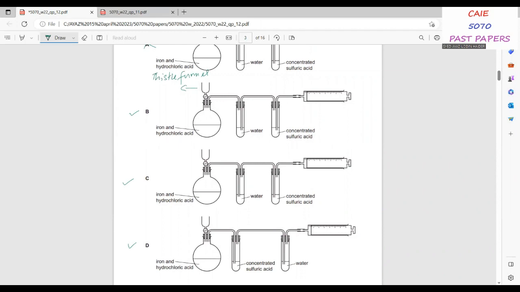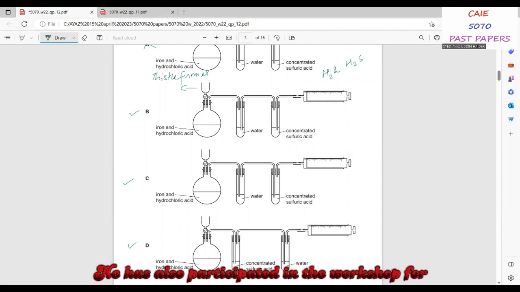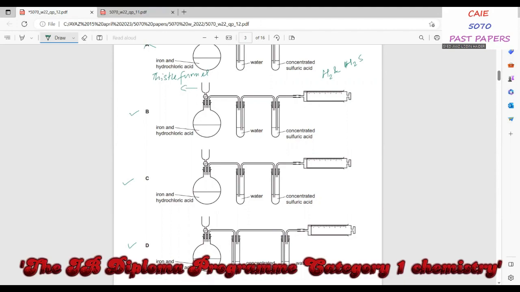The gases produced are H2 and H2S. H2S is soluble in water. H2 is not soluble in water. And you have to insert the delivery tube in the liquid, that is water or concentrated sulfuric acid.